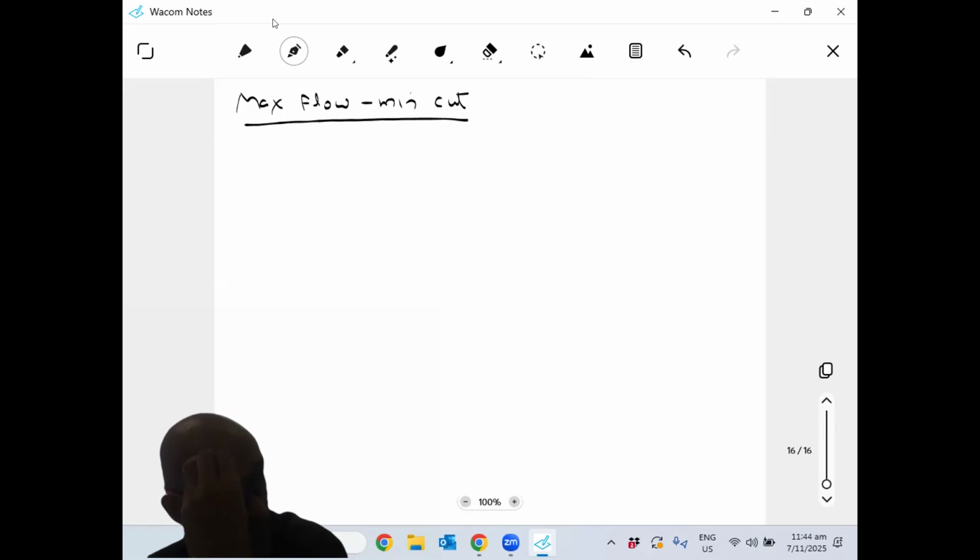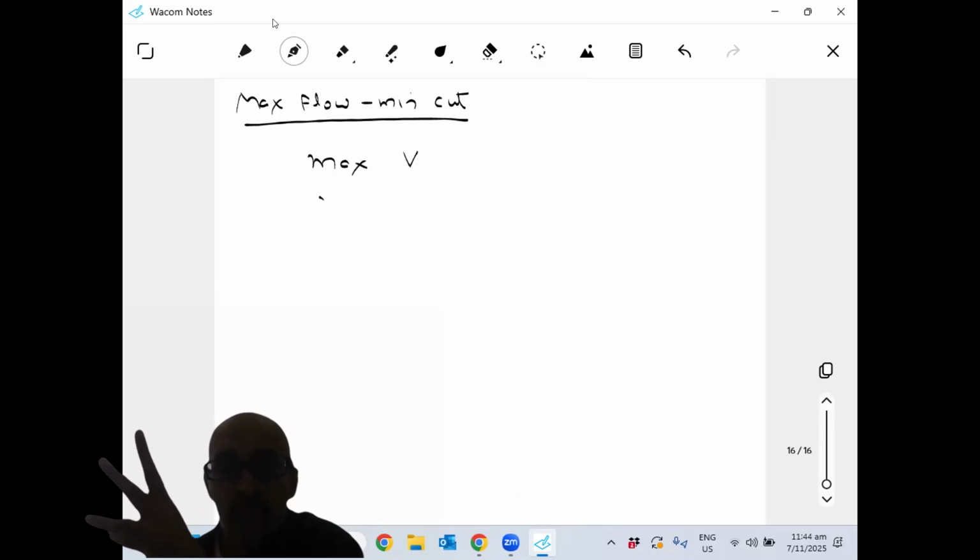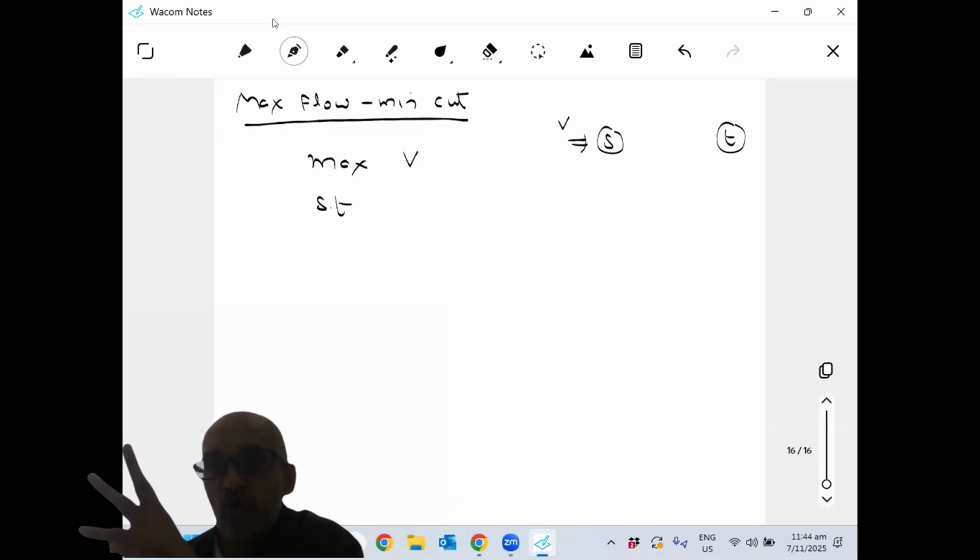Okay. So we know what the max flow problem is. Max flow is this problem where we maximize the flow from node S to node T. So we have this node S, this node T, you're trying to maximize flow, and you have capacities u_ij on edges, and there's a graph and so on.